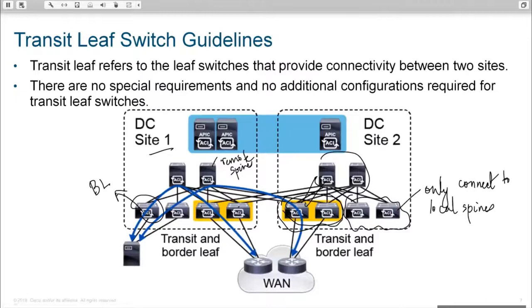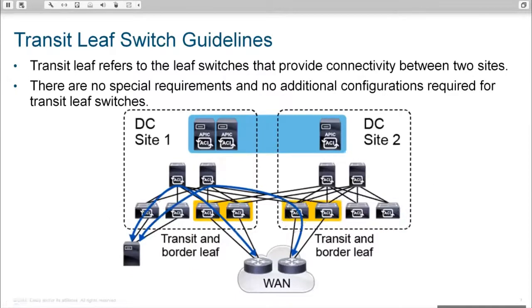Sorry, I drew the border leaf on the wrong switch, that's a compute. So for example, this is a transit as well as a border leaf, you see? Why? Because these leaves are connecting to the other spines as well as connecting to your layer 3 out.